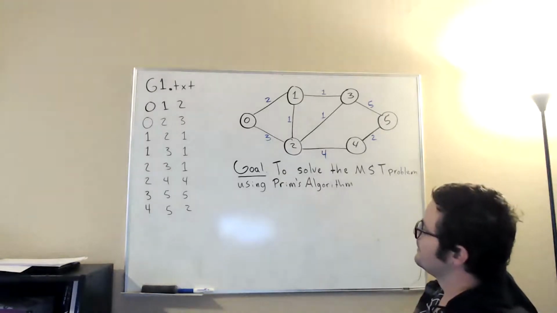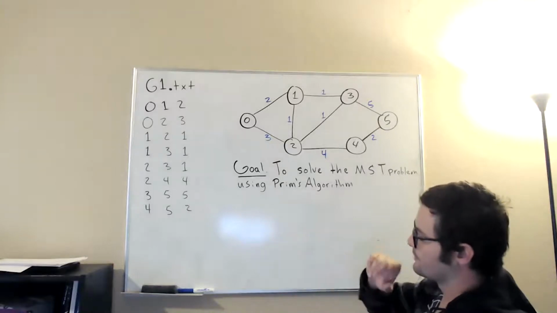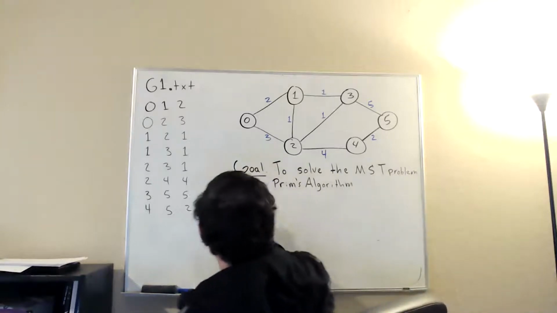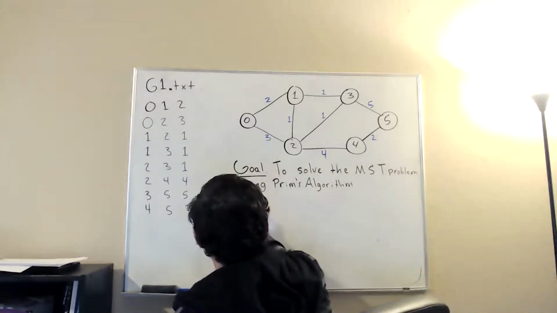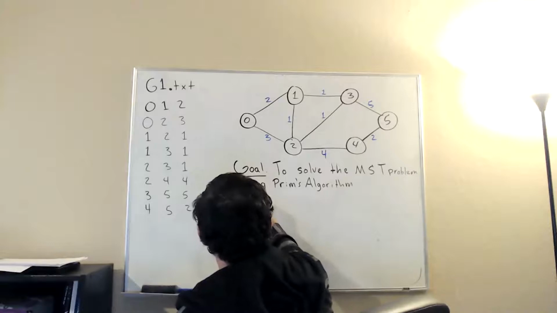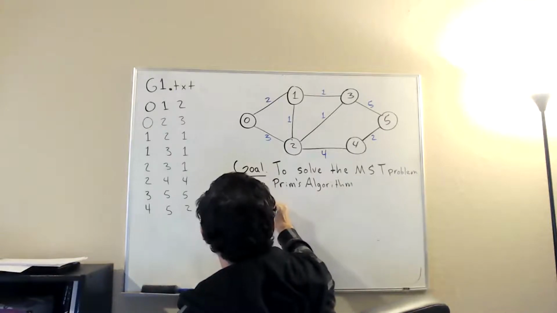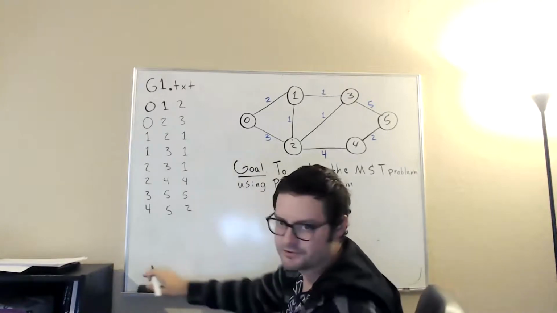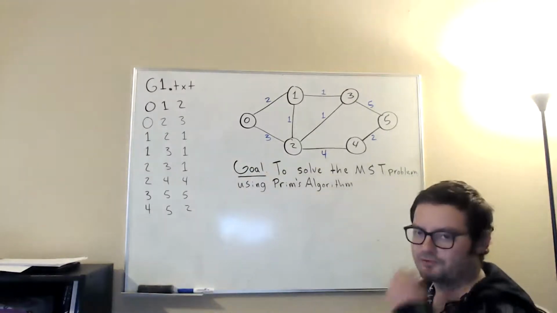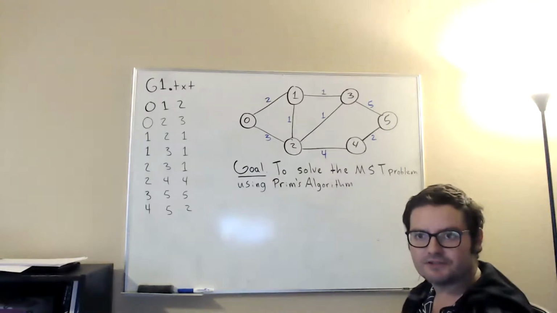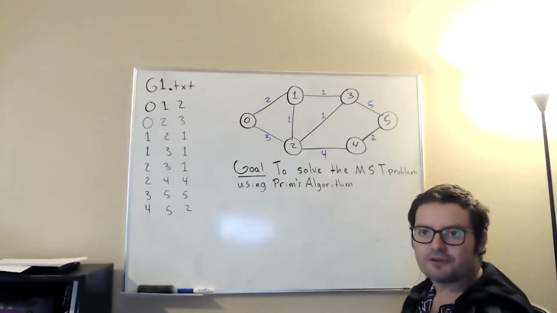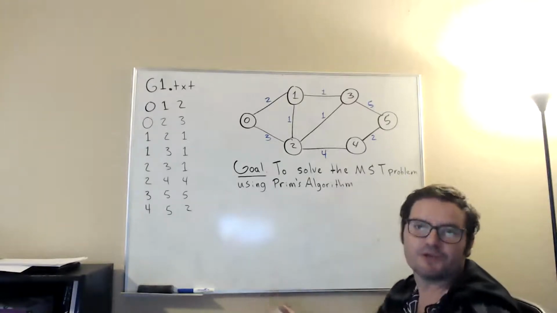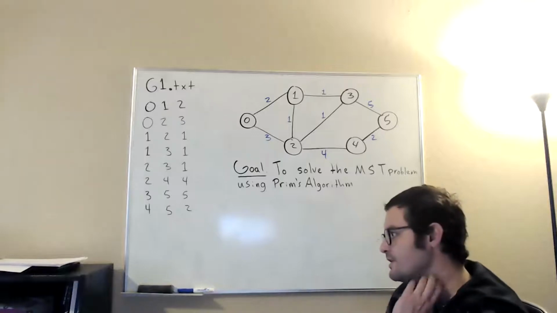So maybe I'll write it up here for reference. Well, actually, no. You can look at your notes to find Prim's algorithm. I think it's more important now that we start talking about implementing this using Python, with the goal of designing a package to do this for someone else. That's the whole goal here.